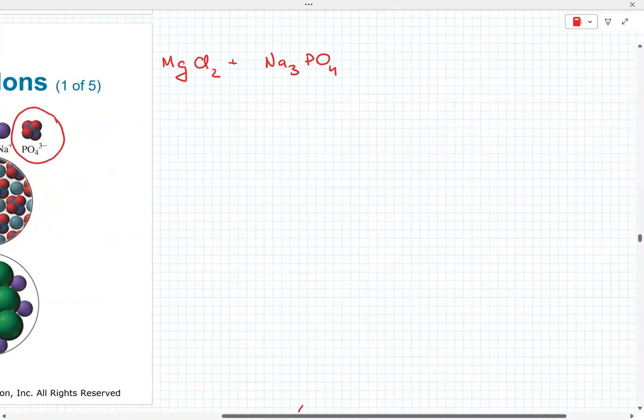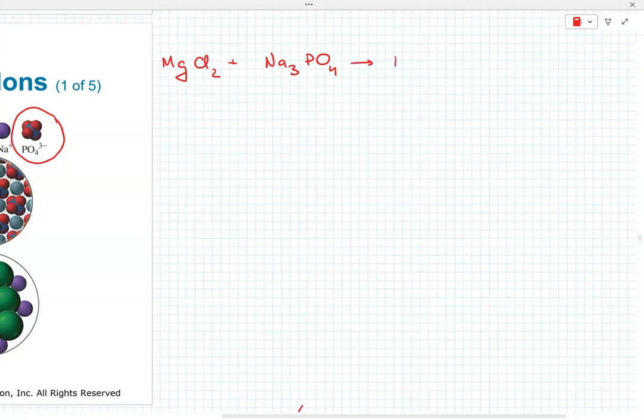So the products of this reaction are sodium chloride plus magnesium phosphate, which is solid, it's a white precipitate.